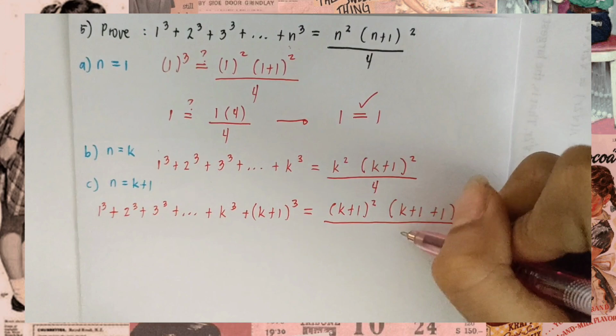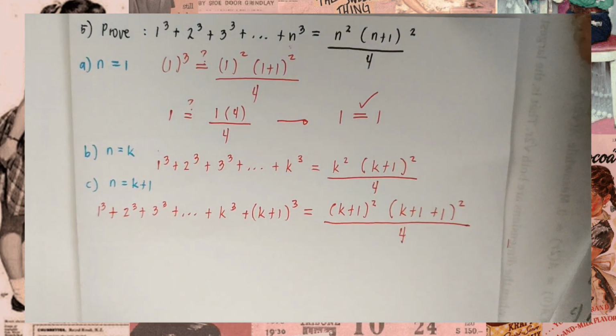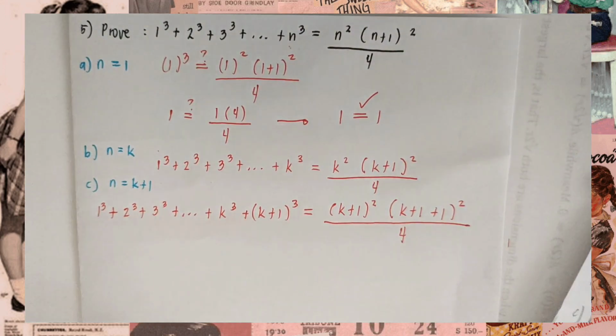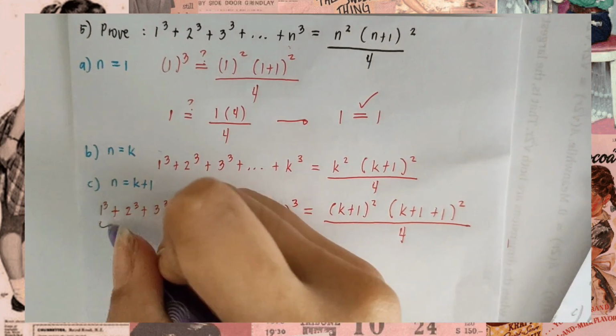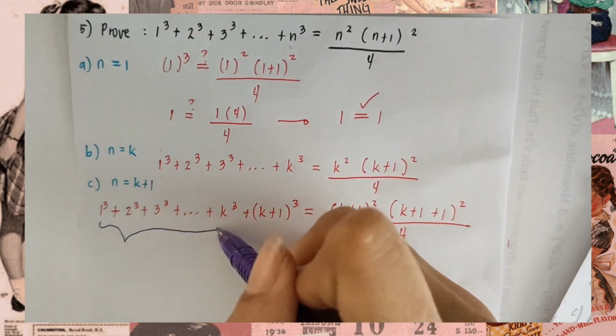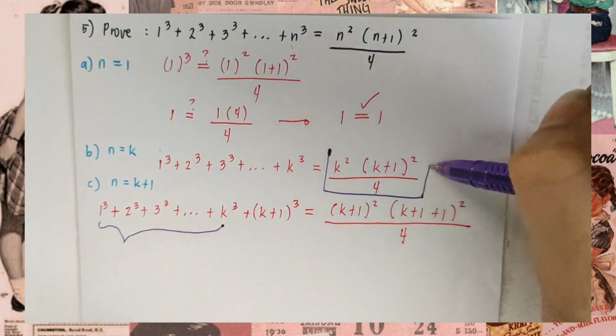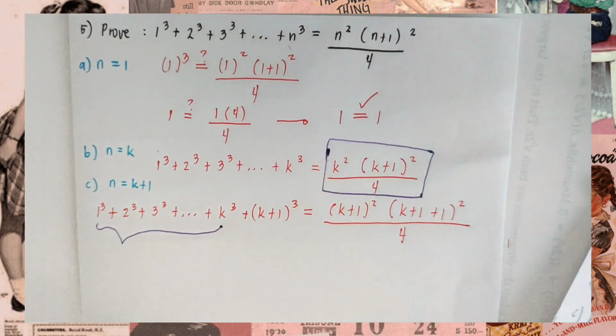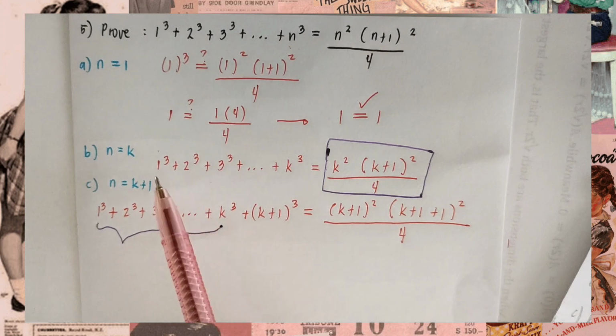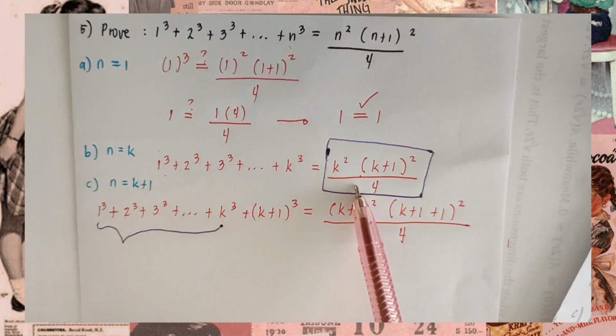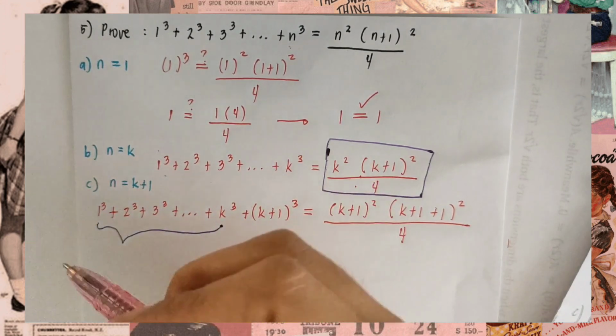squared over 4. Next step, again, instead of writing the whole thing, 1 cube up to k cube, let us just change that with our right side of the equation, since in our assumption, the left side of the equation is the same with the right side. So copy this one.